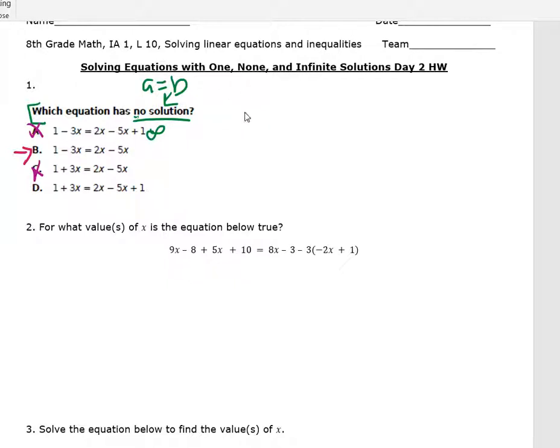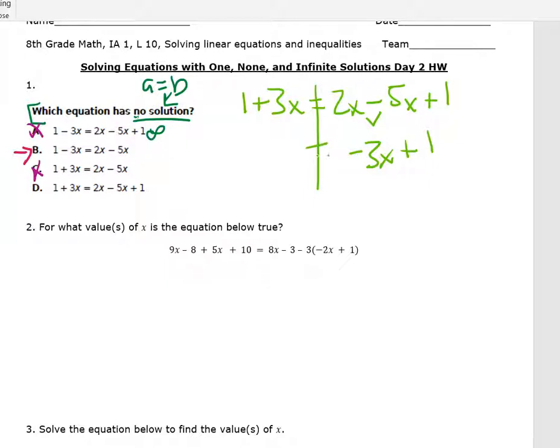So now I'm left with 1 plus 3x equals 2x minus 5x plus 1. I'm already seeing, again, this 1 plus 3x, it's going to say the same. I think this is going to be another infinitely many solutions, but let me just double check. So I'm left with negative 3x plus 1 is equal to 1 plus 3x. Oh, I'm not going to be left with infinitely many.